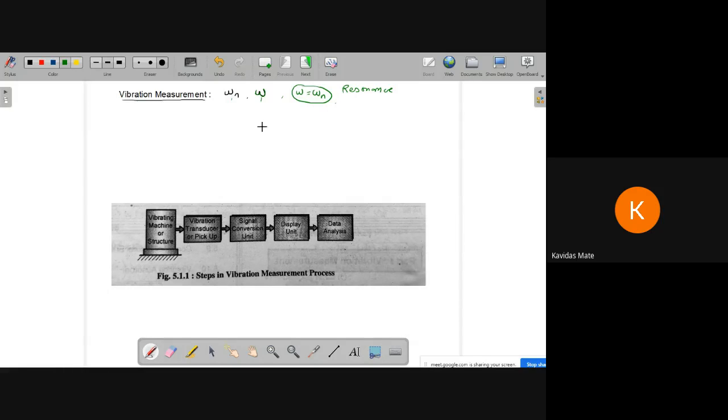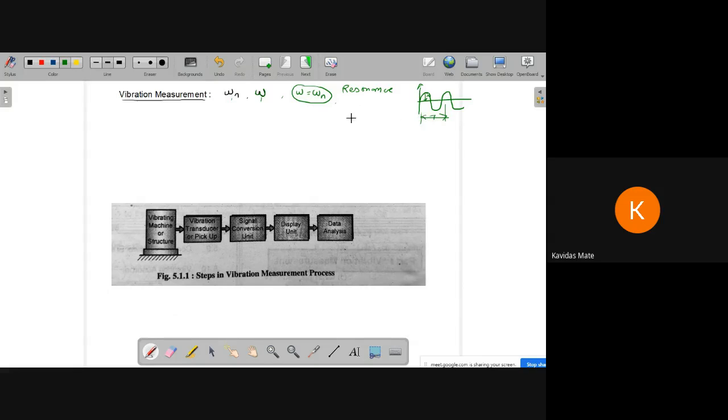Another aspect is measuring the displacement happening in the system, or the amplitude if the system is vibrating. So what is its amplitude of vibration? What is the time period?